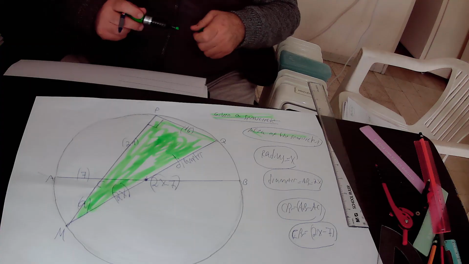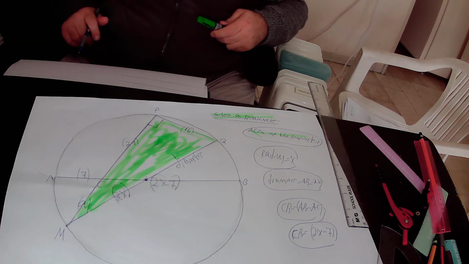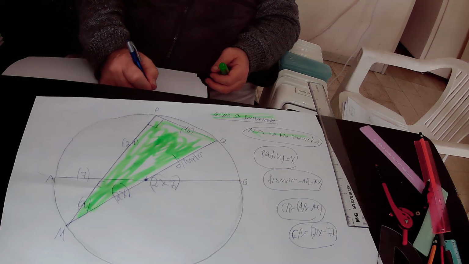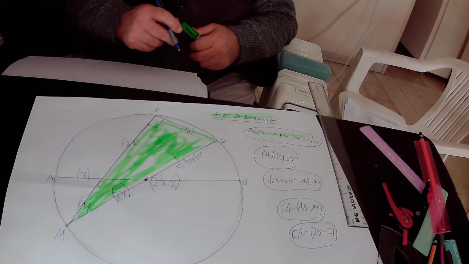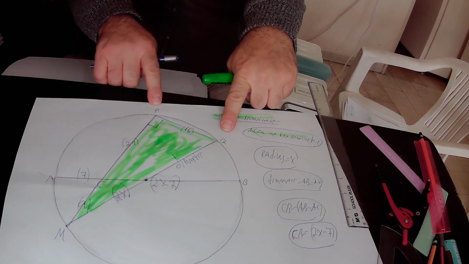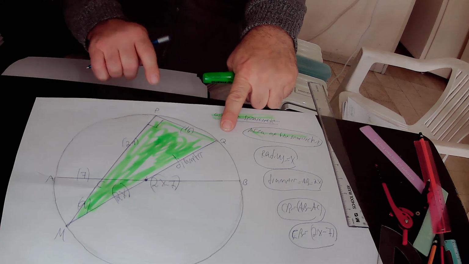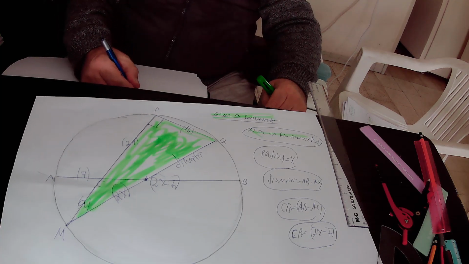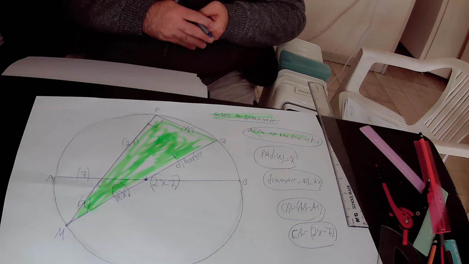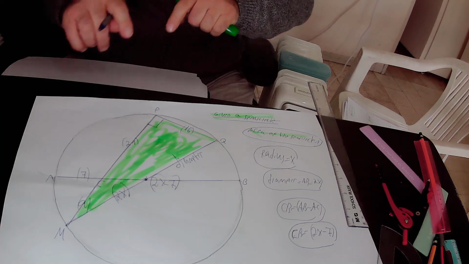The hypotenuse QM equals 2x, and therefore QM squared equals 2x squared. And it equals PQ squared. PQ is 16, therefore PQ squared is 16 squared, that is 256, plus PM squared.